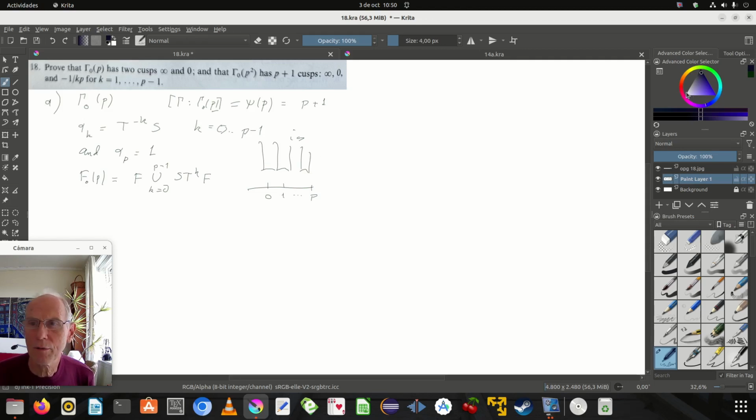That's a poor color. Red one should be easier to see. F itself, S F, and then S of all of these, they will be connected and only have the one cusp. Then we'll have a piece down here and another down there. So that'll be the general form. So we only have the cusps at 0 and infinity.